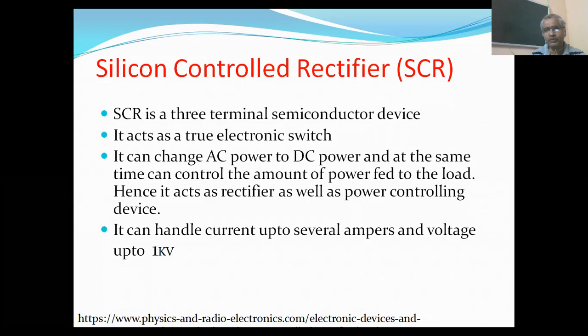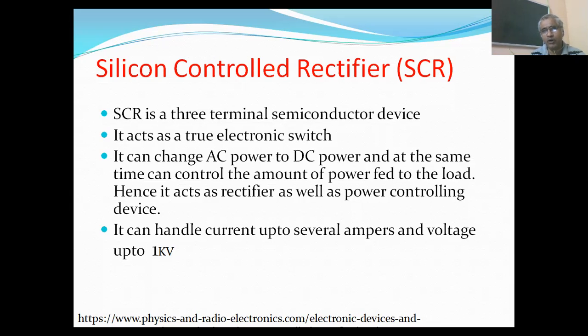And the most important point regarding the SCR is it can handle current up to several amperes and voltages up to 1 kilovolt or more than 1 kilovolt also. So this is the only device which can control large currents and large voltages. No other electronic devices can handle currents up to several amperes and voltages up to 1 kilovolt or more than that.